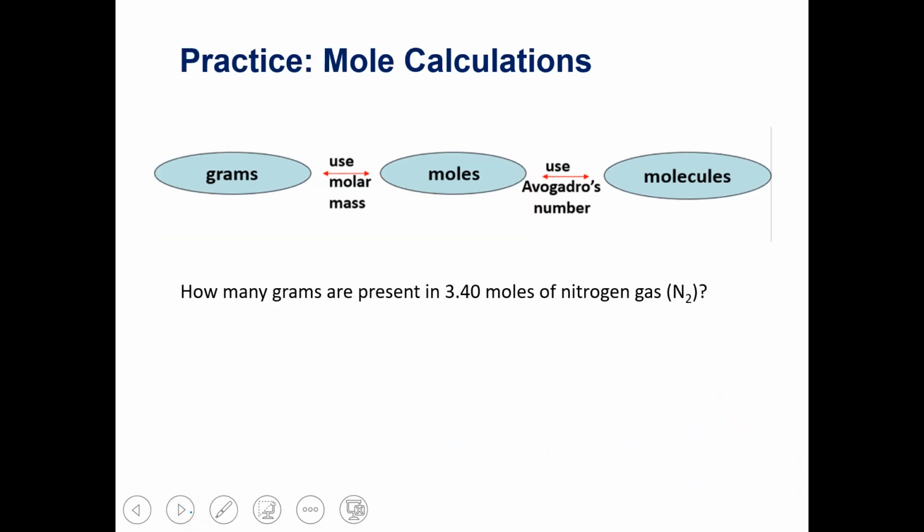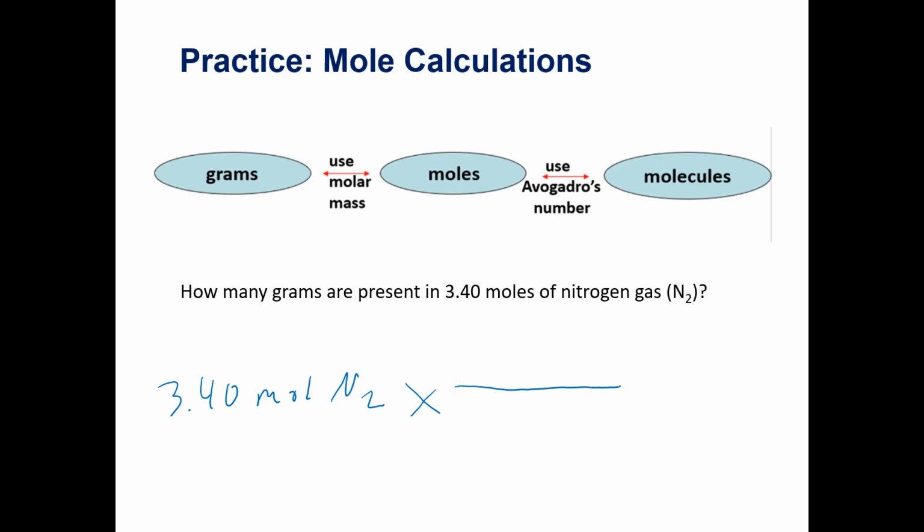Now let's try one where we need to go the other direction. We have 3.40 moles of N2, and N2 means that we have 2 nitrogen, so we need to multiply the molar mass of nitrogen by 2.